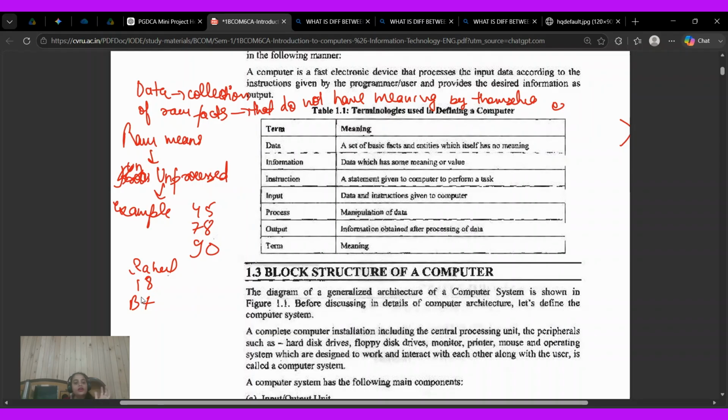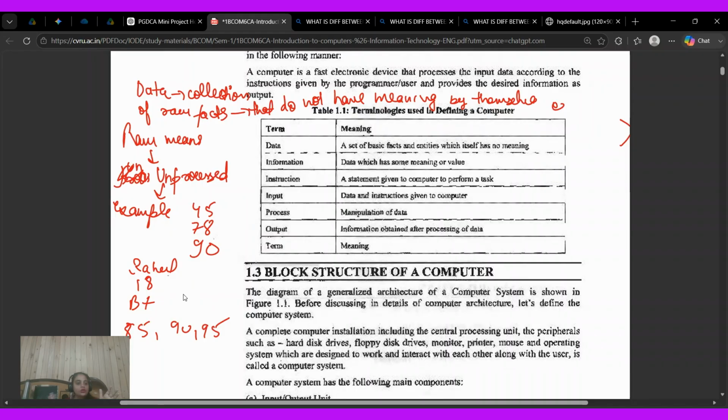Classroom example: if I write on the board 85, 90, 95 and ask what these are, the students will answer these are numbers. But do you know what these actually are?